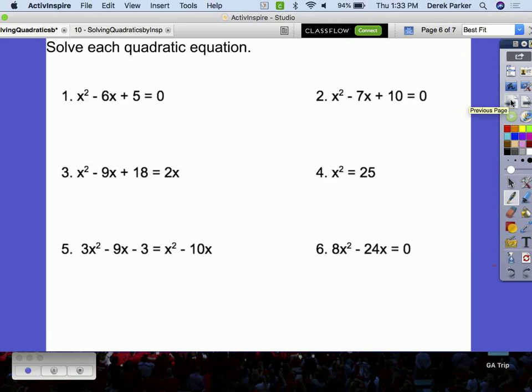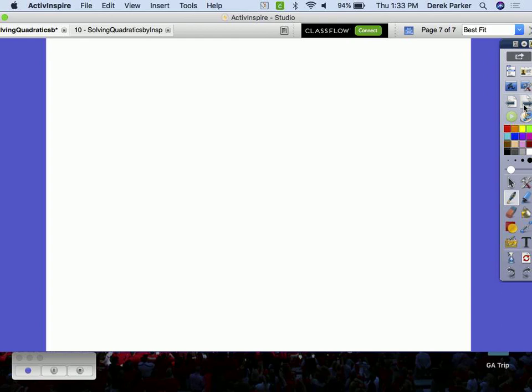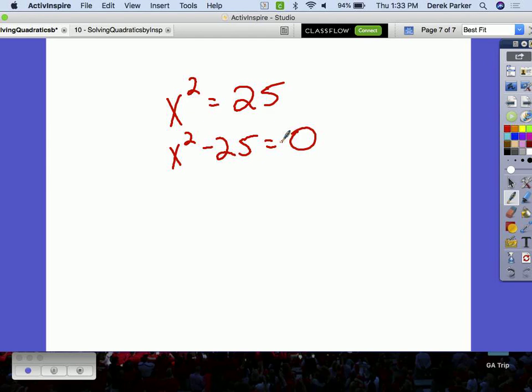The next one I want to do is x squared equals 25. Now, if this was another standard, I'd teach you a different way to solve this one, but we're still going to do it with factoring. So I have to move that 25 over because I want to set it to 0. I now use the AC method. I get negative 25.